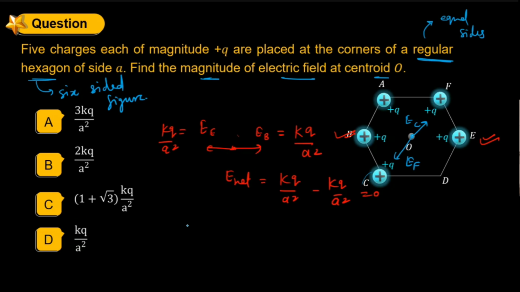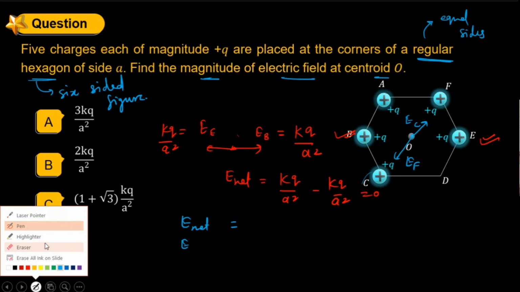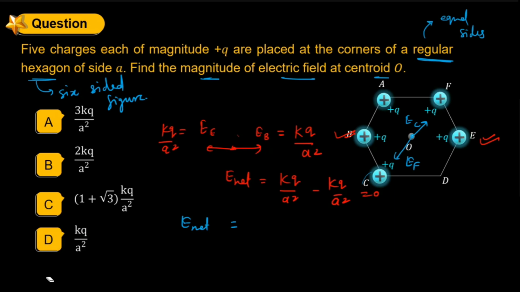So E net again, C and F will cancel out. So again, because of this, there is no field.